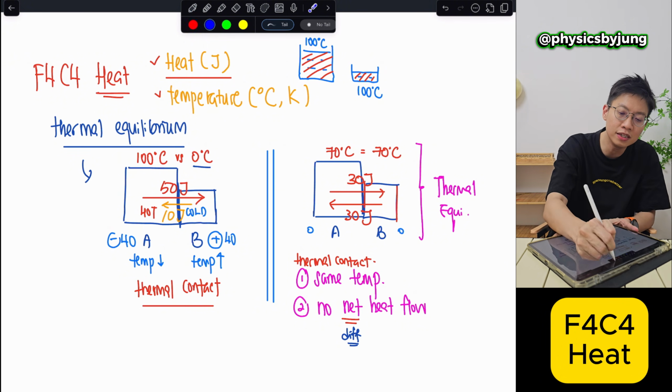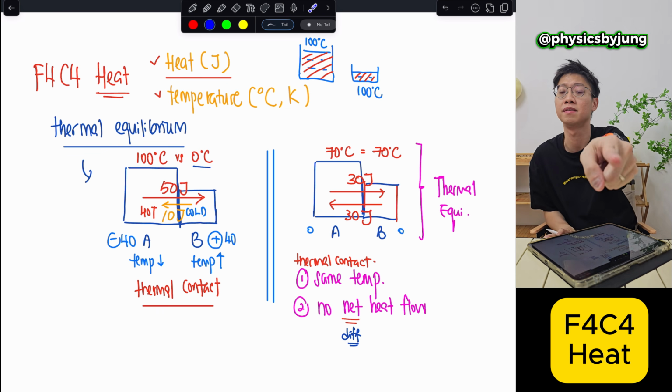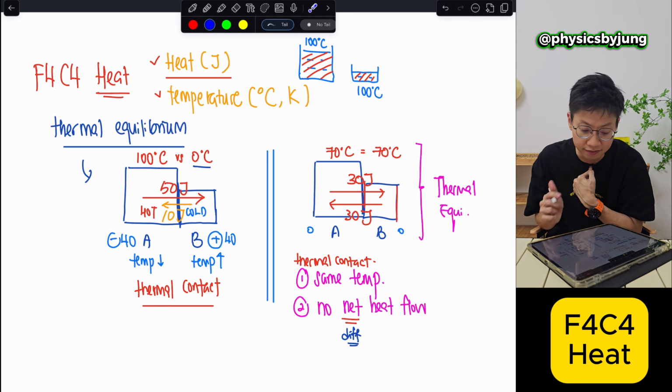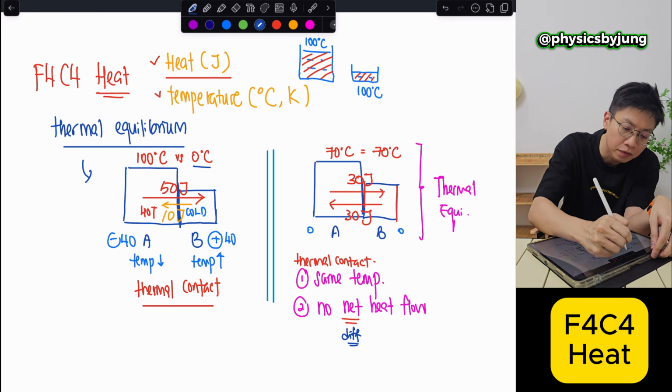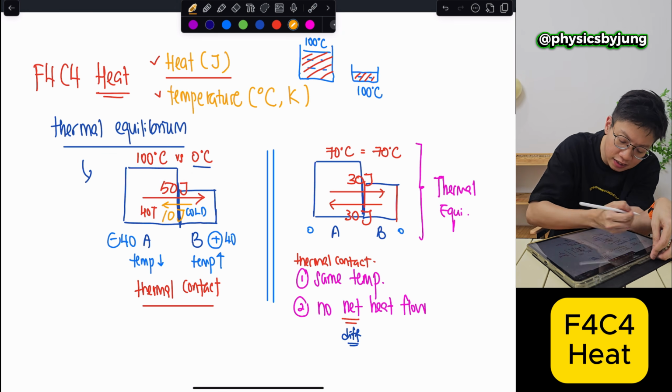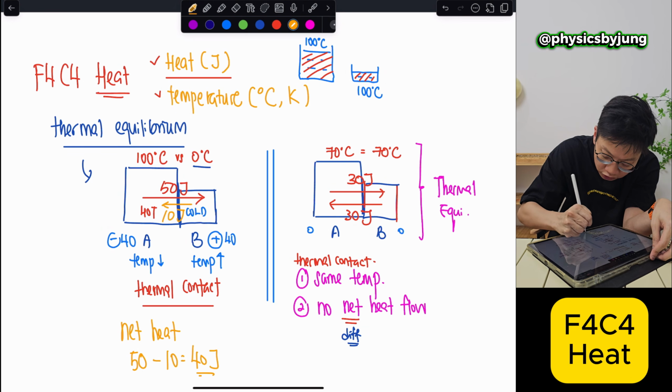For example, in this question, is there a net heat flow? If you give 50 and you only take 10, there is a difference, right? So what is the difference? The net heat here is equal to 50 minus 10, which equals 40 joules.